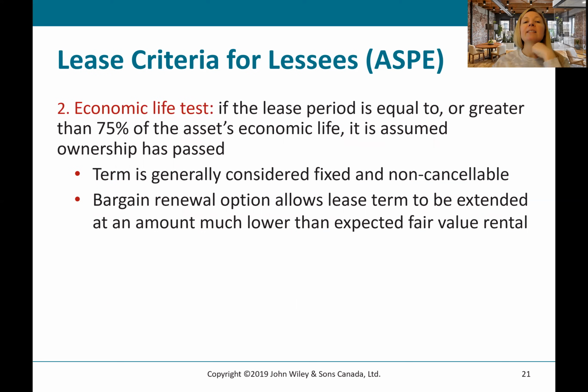The second test is the economic life test, which is if the lease period is equal to or greater than 75% of the asset's economic life, it is assumed that ownership has passed, and the term is generally considered fixed and non-cancelable. And bargain purchase options allow the lease term to be extended at an amount much lower than the expected fair rental value.